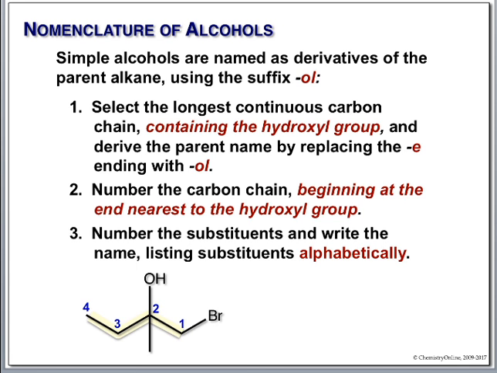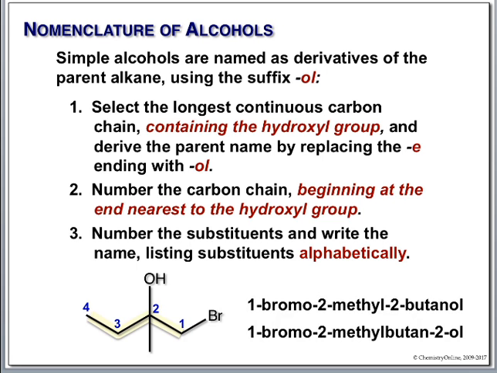Carbon 2 has the hydroxyl group and a methyl. And then we have this ethyl group dangling out the end. We can name this very simply 1-bromo, 2-methyl, 2-butanol. So it's a butanol, 2-butanol, that's this guy. 2-methyl, 1-bromo, 2-butanol.